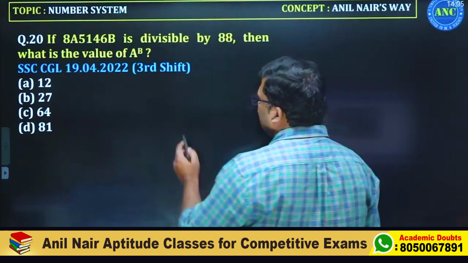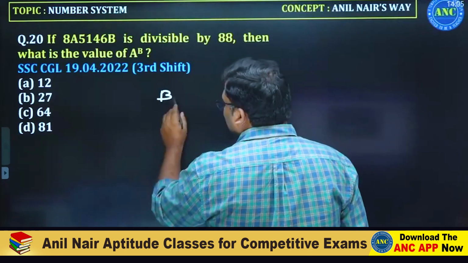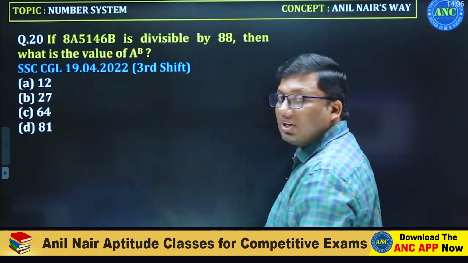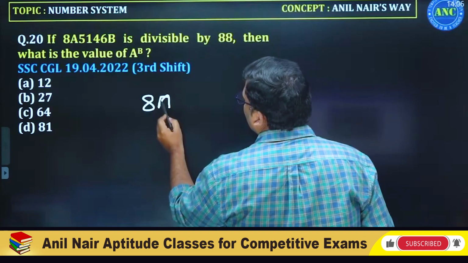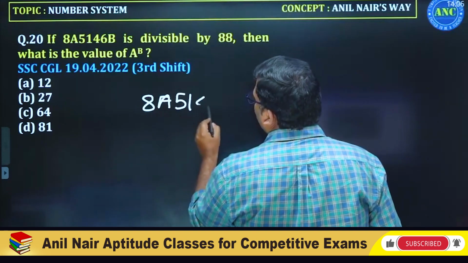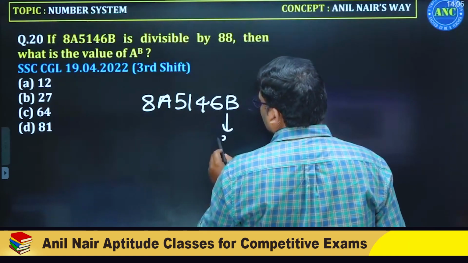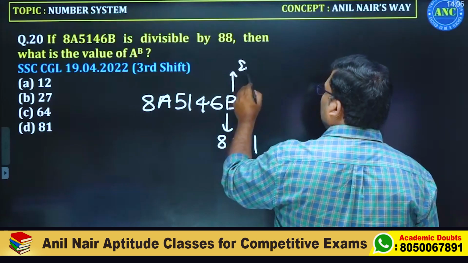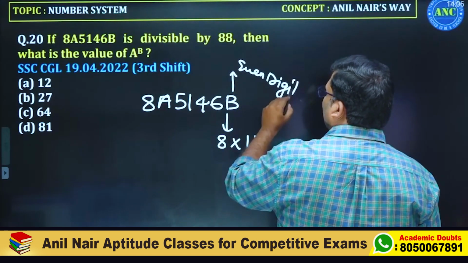Already we solved this question. We already solved the similar question, sir. See here, the question is 8A51 46B divided by 88. That means 8 and 11. 8 means B should be an even digit.